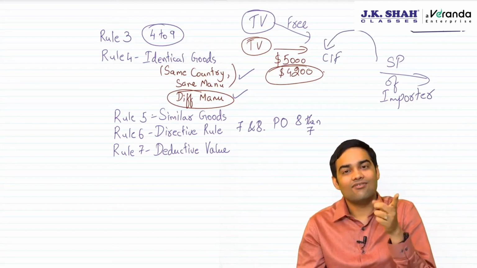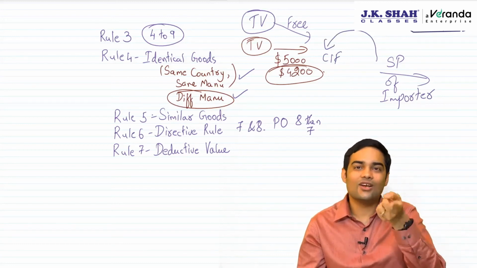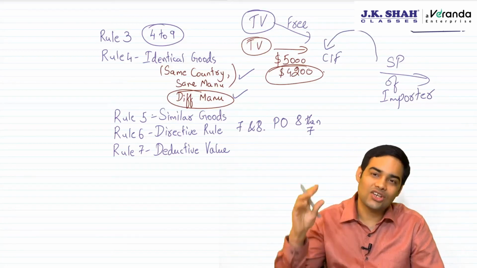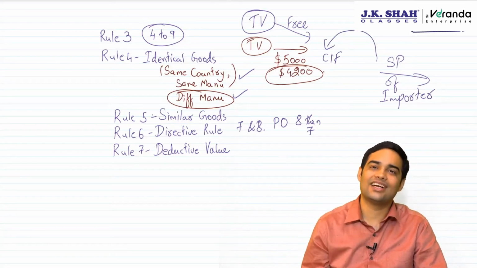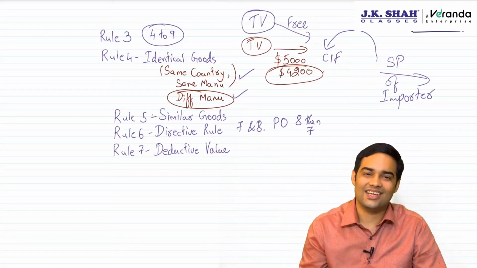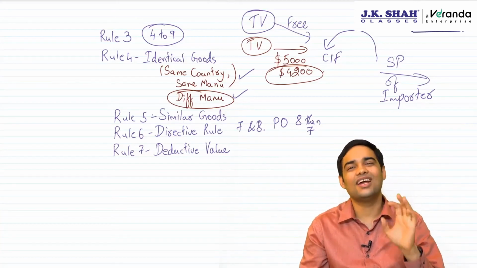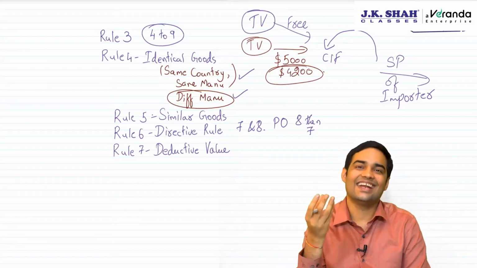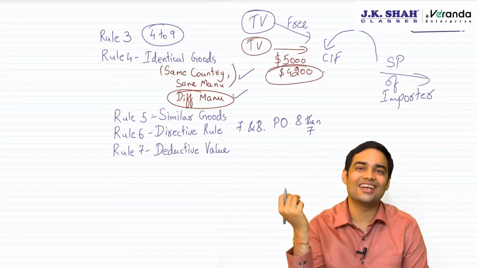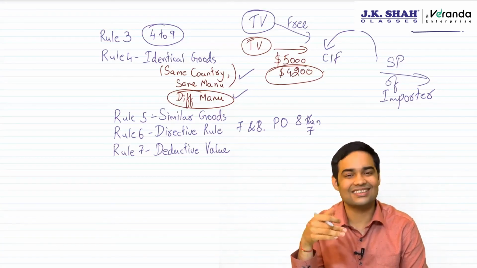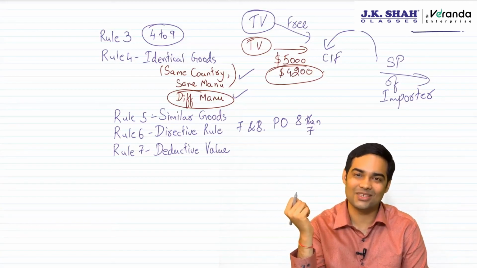Sale price will include profit margin and other post-importation costs; all that has to be subtracted to arrive at CIF. So this is called deductive value. It is similar to your direct tax resale price method, which you learned.